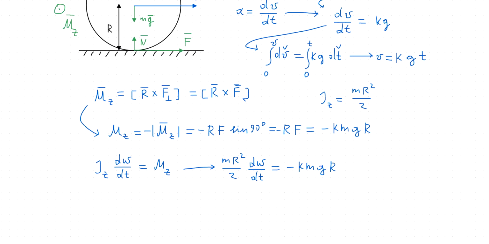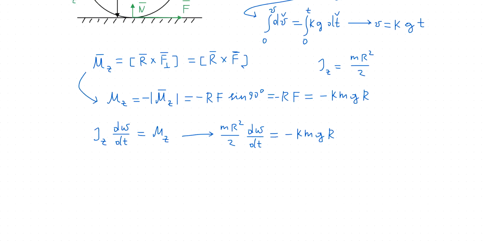What else can we do with this equation to get the angular velocity? So the moment of inertia multiplied by the angular acceleration must be equal to F r, so x, minus kmg r. So yes, both sides are equal.